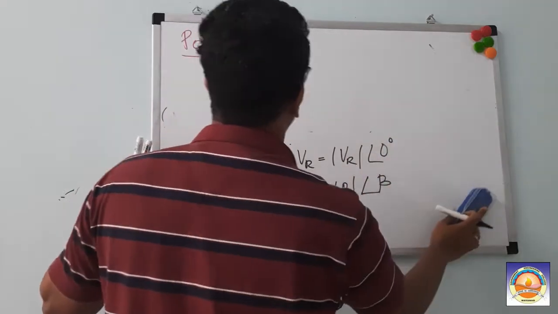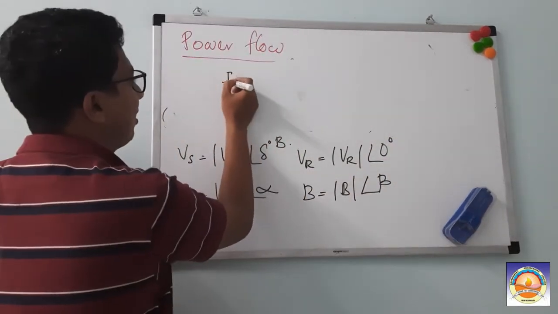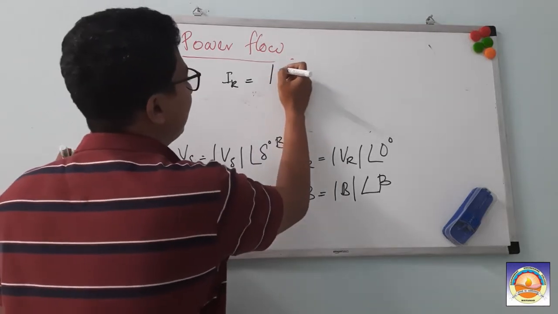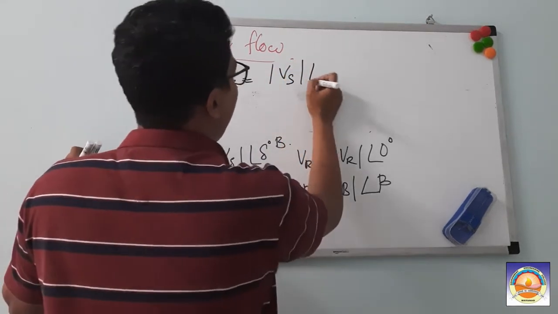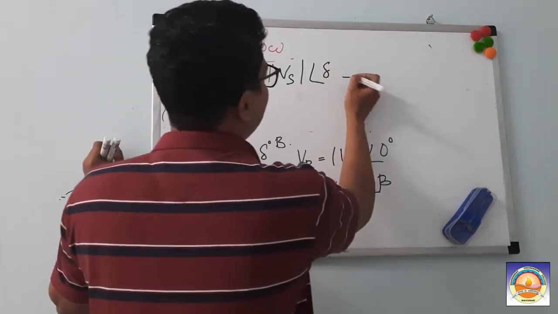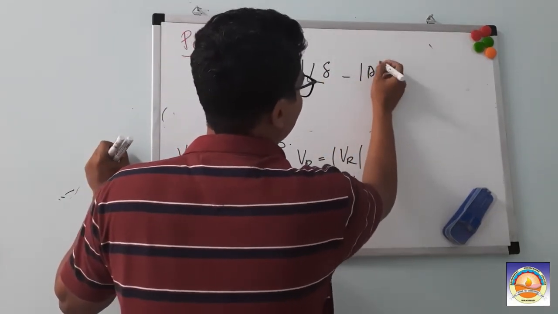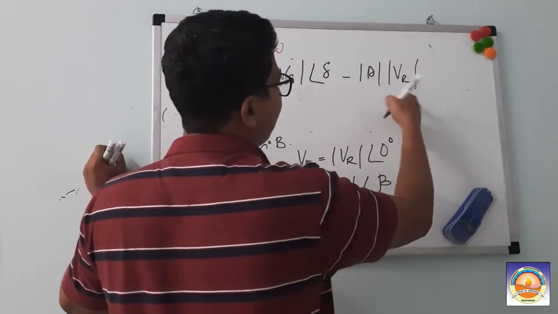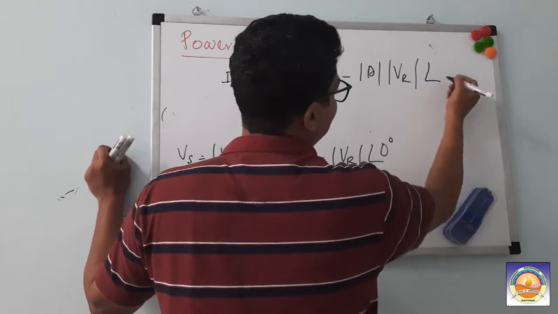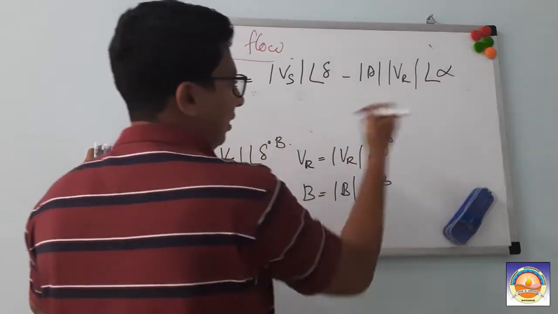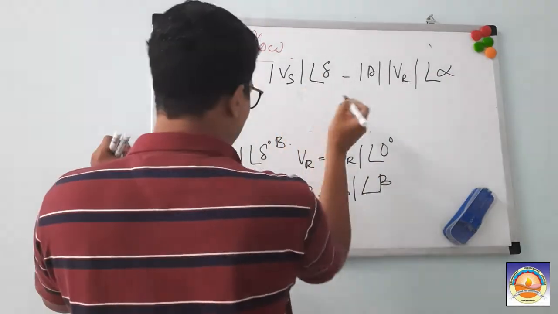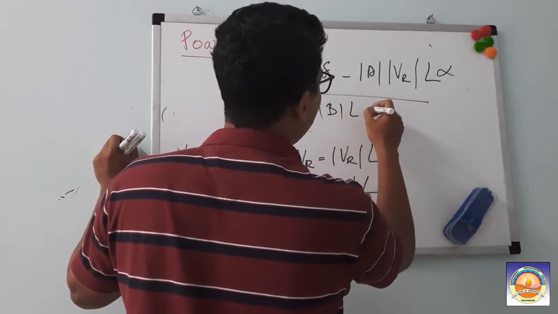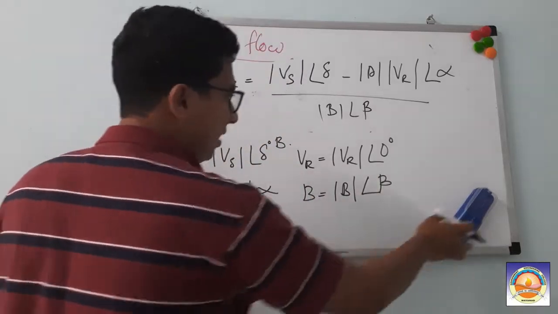If I do so, my equation for IR becomes Vs angle delta minus A VR, where A means modulus of A. Since VR angle is 0, only A's angle comes in the multiplication, alpha plus 0, so it is alpha only: A VR angle alpha, divided by modulus of B angle beta. So that is my equation.